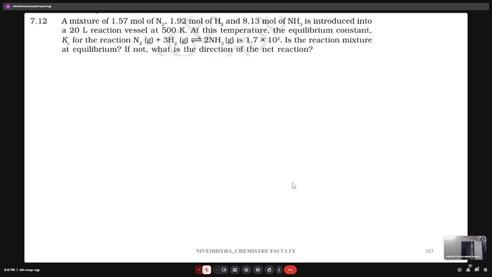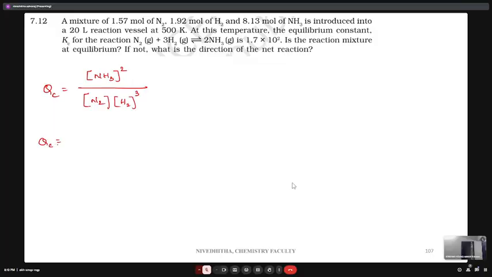So here at a particular instant, they have given you the number of moles of nitrogen, hydrogen and ammonia. By using this number of moles and volume, we can find the concentration, and using that concentration, we can find the value of Qc, and please compare the value of Qc with Kc to find the direction of the reaction. Okay. So what is Qc? Concentration of product divided by reactant at any instant, right? So here your ammonia is the product divided by concentration of nitrogen into concentration of hydrogen, right, Kana?